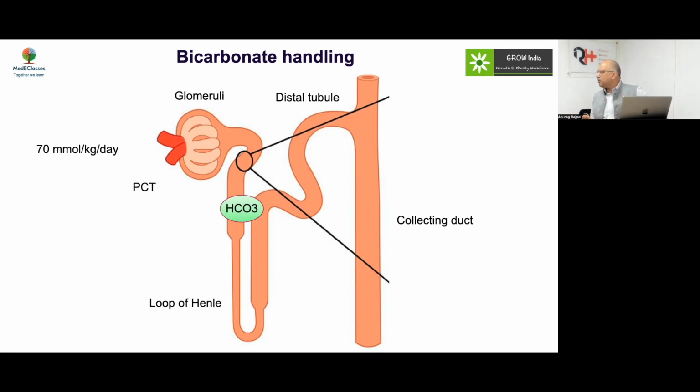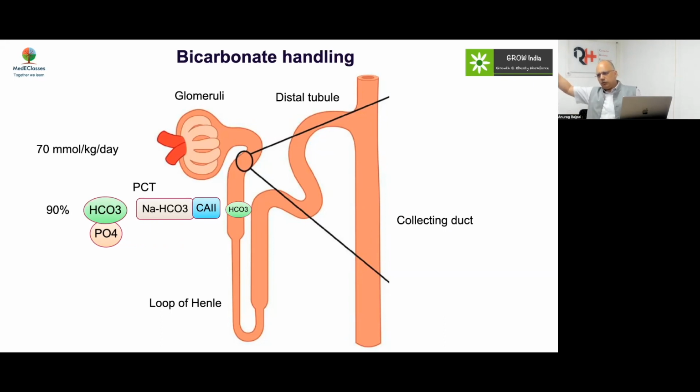And this reabsorption basically will result in absorption of more than 99% of your bicarbonate using the carbonic anhydrase, which is there, and the sodium bicarbonate transporter. So it's like a co-transporter transport. It's not a very, very active transport except for the carbonic anhydrase. Now, 90% of bicarbonate is absorbed here, and around 10% will be absorbed in the distal tubule.